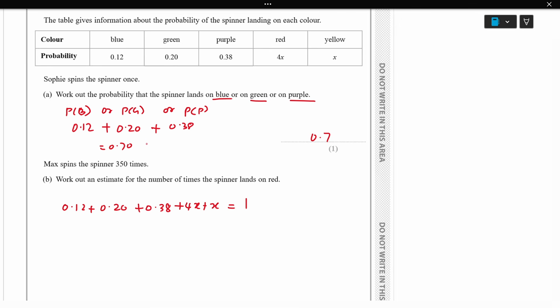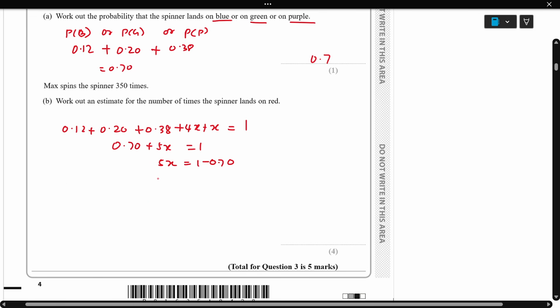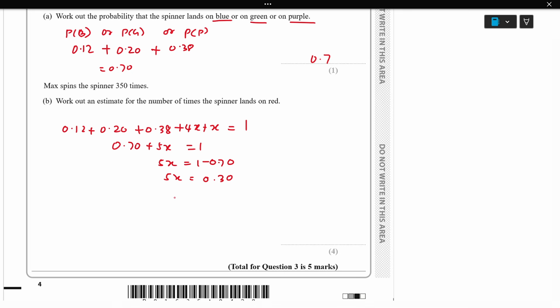The first 3 numbers add to 0.70, so 0.70 plus 5x equal to 1. So 5x equal to 1 minus 0.70, which is 0.30. So x equal to 0.30 over 5, so x equal to 0.06.